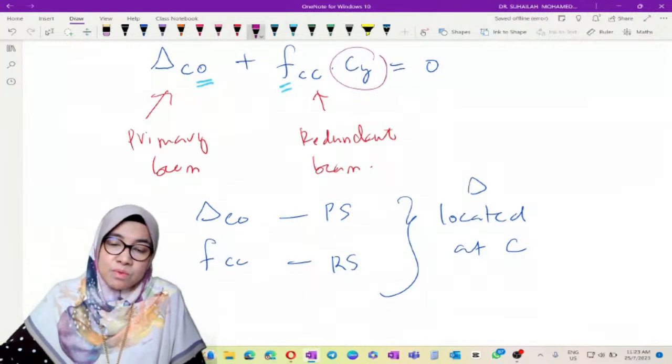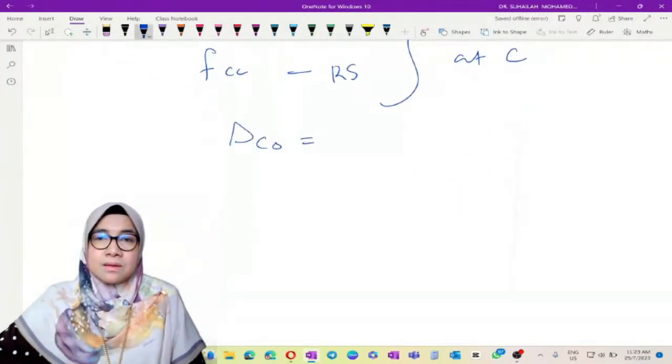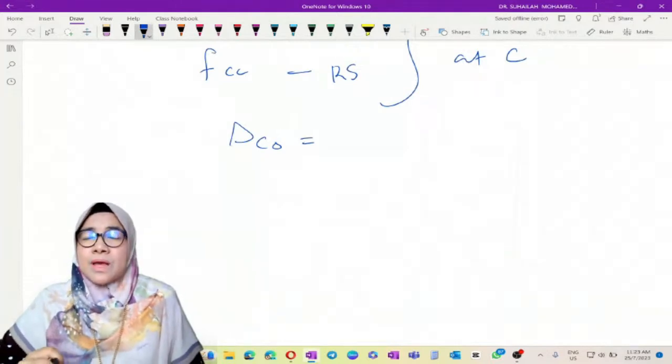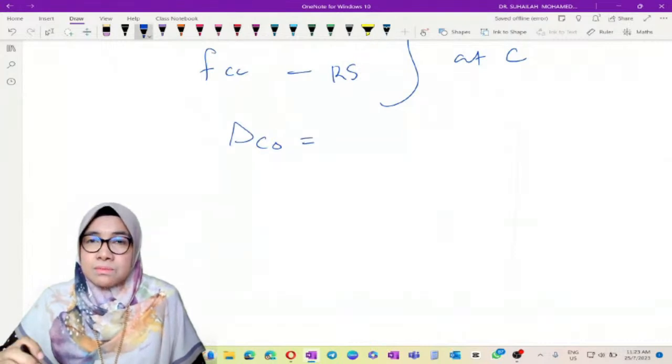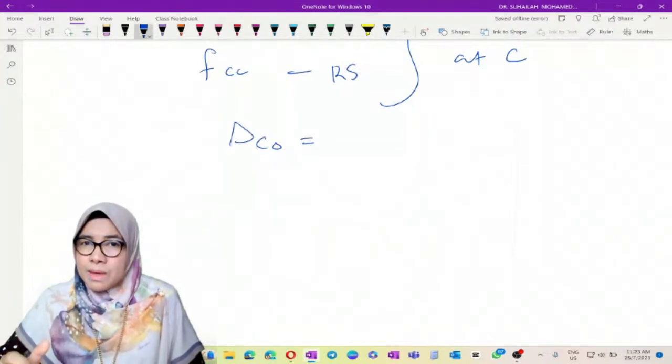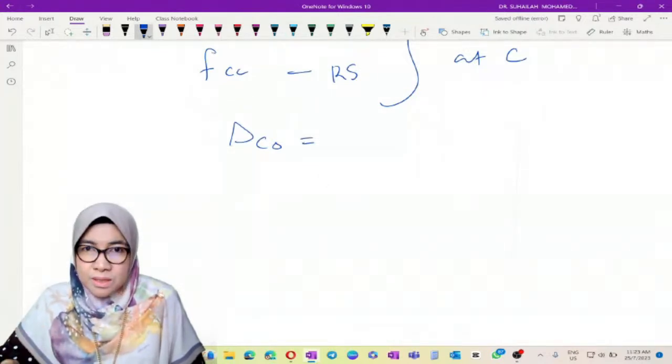So what is the formula? The formula to calculate delta C naught is, since this is a beam, we have to consider the bending effect, EI. So displacement for a beam, displacement due to the bending effect, we integrate the moment equation.